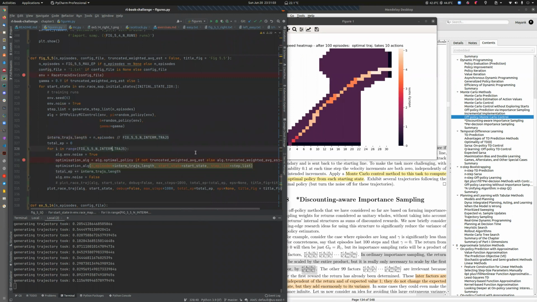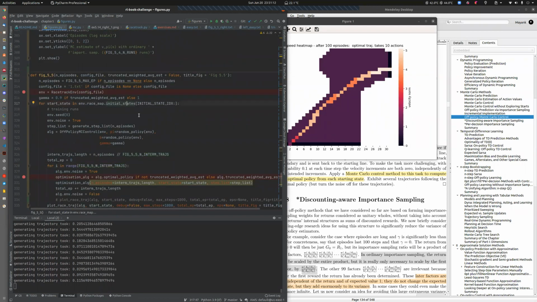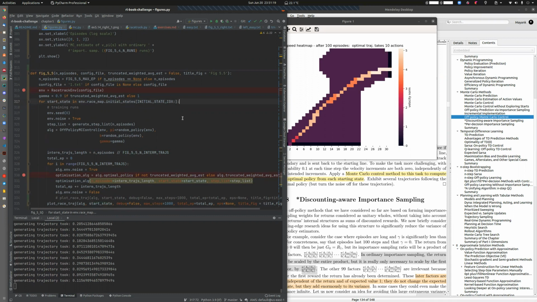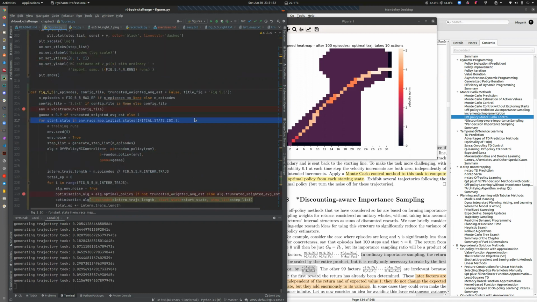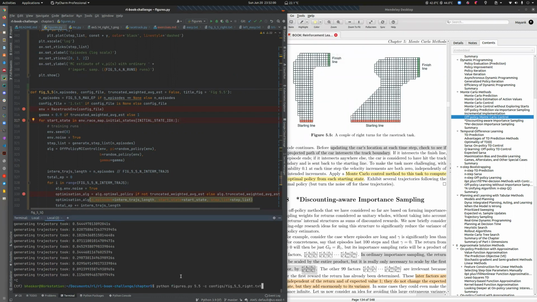For the trajectories that we are trying to go through from the start state to the initial state in the race map that we are trying to give, these are the number of training maps that we had. We'll have to debug this.